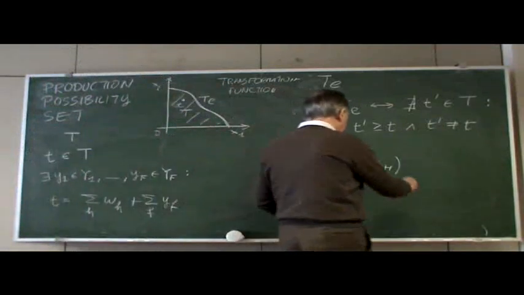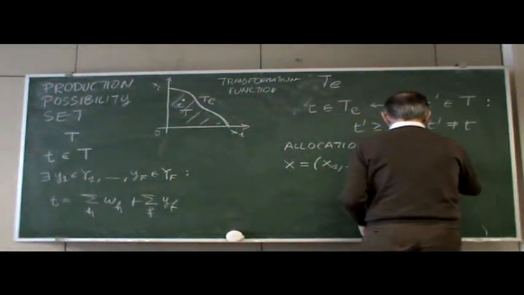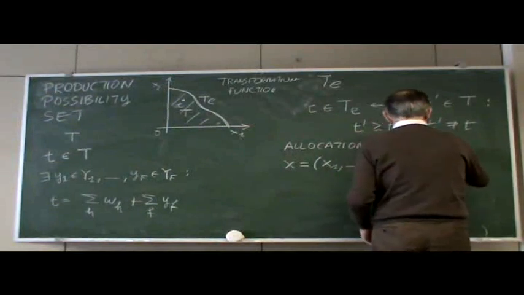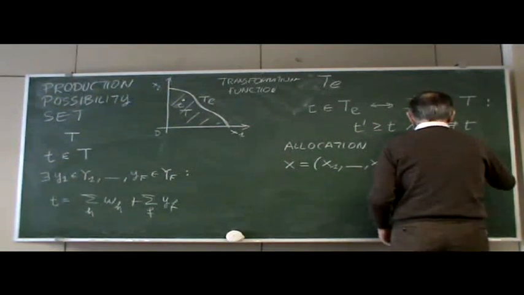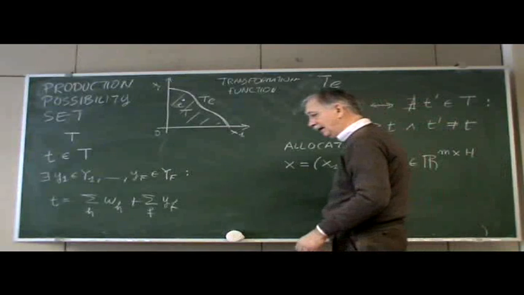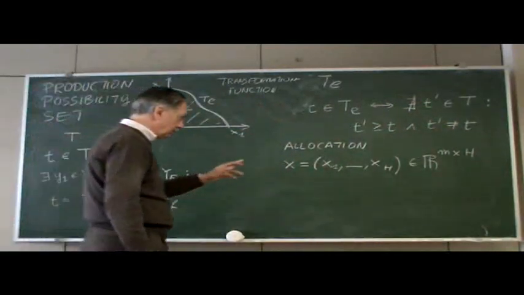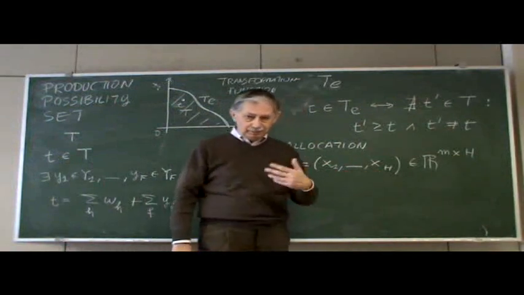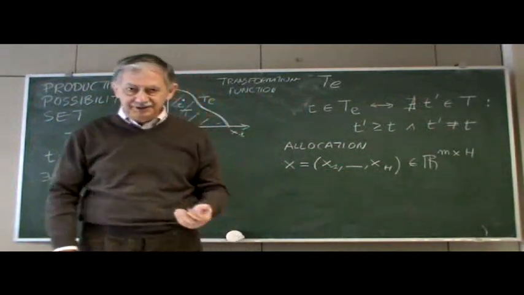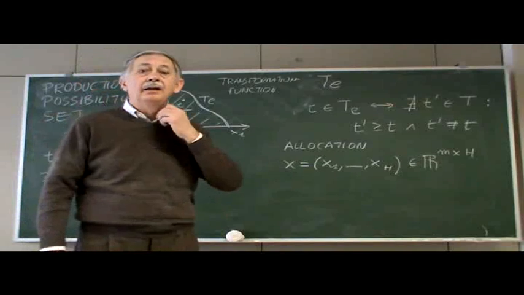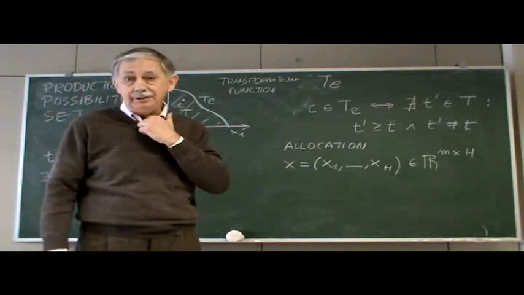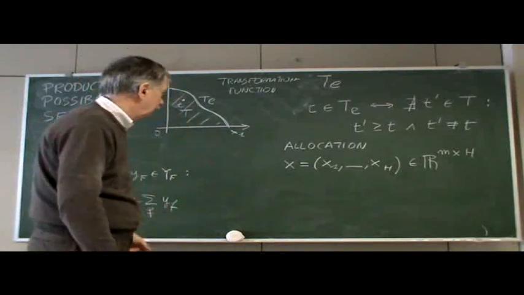So this vector has an enormous number of components, n times H components. It tells us for each consumer what are the quantities of the end goods which are available to him in order to be consumed, obviously.